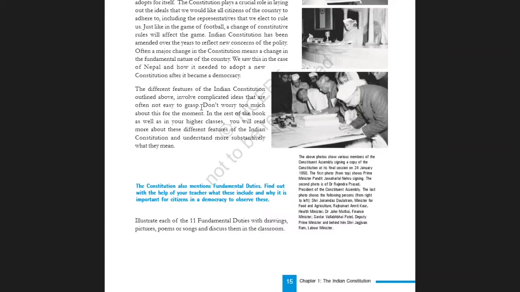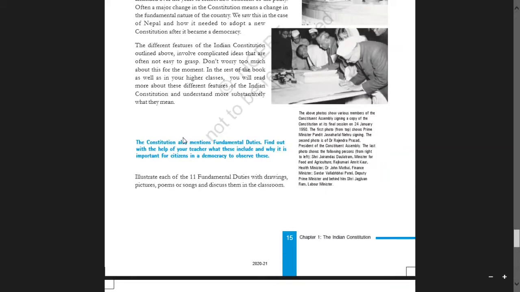Don't worry too much about this for the moment. In the rest of the book, as well as in your higher classes, you will read more about these different features of the Indian Constitution and understand more substantively what they mean. Substantively means sufficiently.